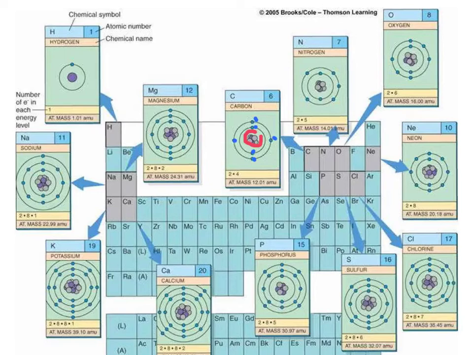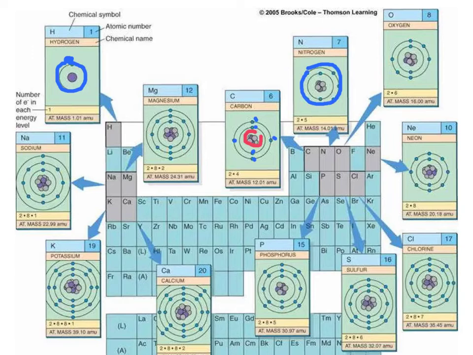When two atoms are side by side, the first parts of the atoms that touch are the electrons in the outermost ring. So on this hydrogen atom, that means this little electron right there. That electron, when this hydrogen atom approaches another atom, is going to bump into, say, the outermost shell of electrons on this nitrogen atom right here.